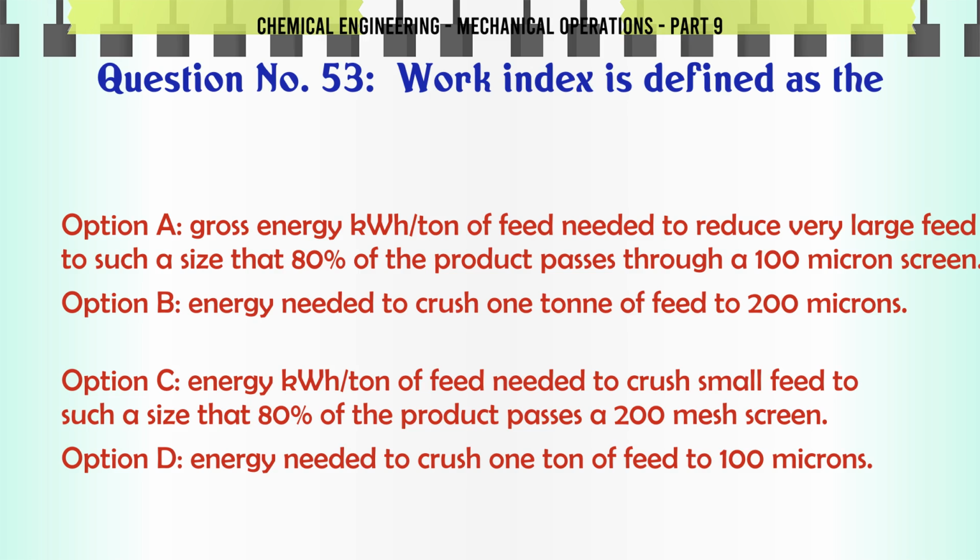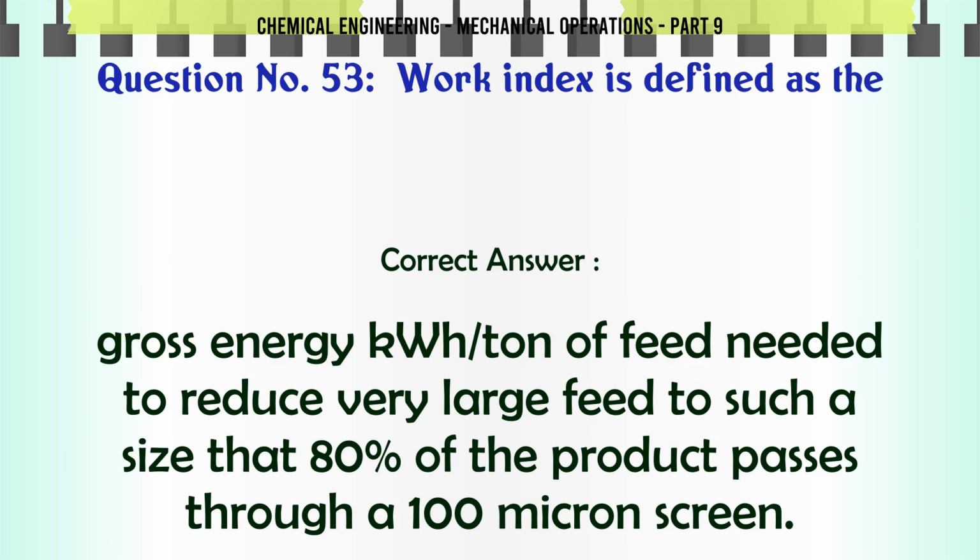D. Energy needed to crush 1 ton of feed to 100 microns. The correct answer is the gross energy in kWh per ton of feed needed to reduce very large feed to such a size that 80% of the product passes through a 100 micron screen.